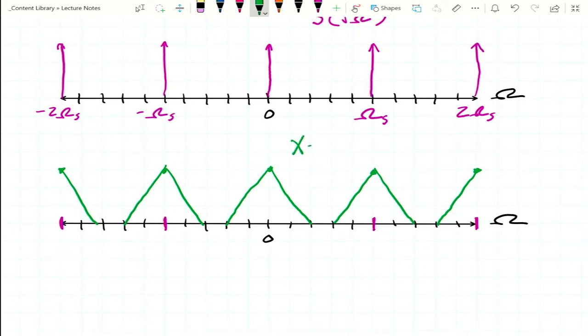This is our x sub s of j omega. Okay, does that kind of make sense?